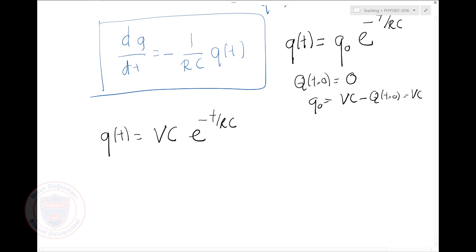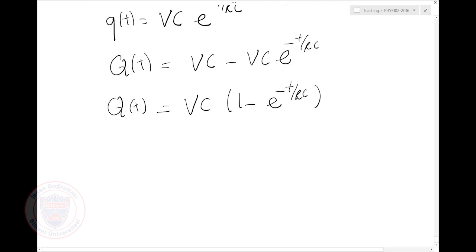From here, I can say Q of t is Vc minus small q of t. So Q of t is going to be Vc minus Vc e to minus t over Rc, or Vc times 1 minus e to minus t over Rc. So how do I charge the capacitor?